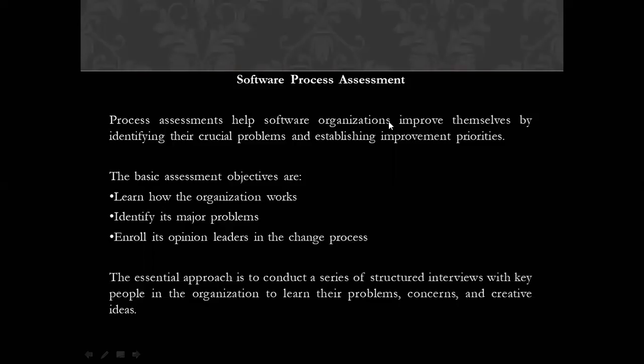which come out of the assessment, or explain why we should not follow those recommendations. Sometimes in real-time scenarios, management doesn't agree with these things, and some senior professionals are not ready to accept the flaws in the process.